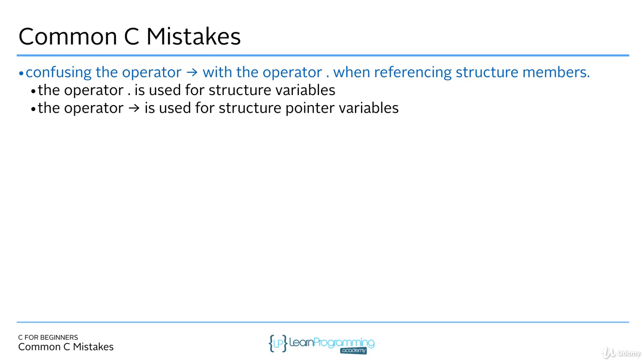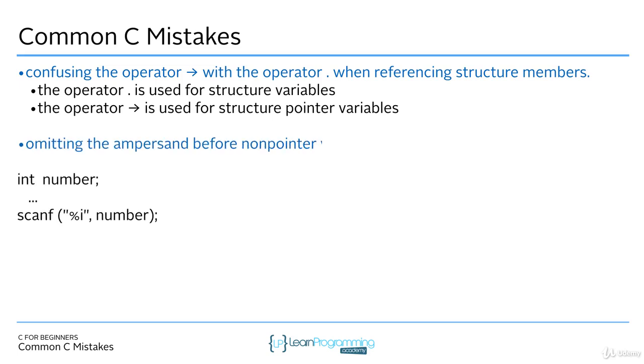If you have a structure that's not a pointer, then you access it using a dot, the dot operator. A lot of times this dot operator and this dash greater than is used incorrectly. Dot for non-pointers, dash greater than for pointers. This will become clear in more of our examples.